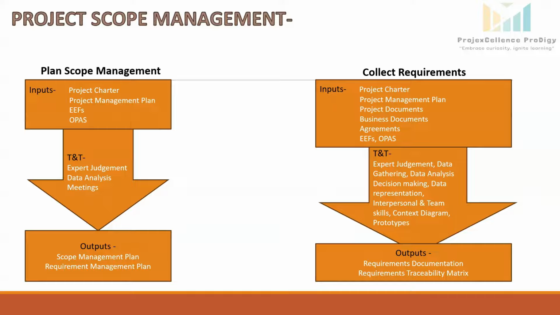Next is data representation. So, affinity diagram. How does it help? It helps in grouping the requirements into categories to find their relationships. Mind mapping is another tool. Mind mapping is like creating a visual map of ideas to help organize and understand project requirements.